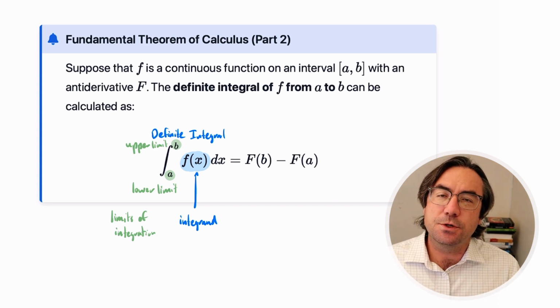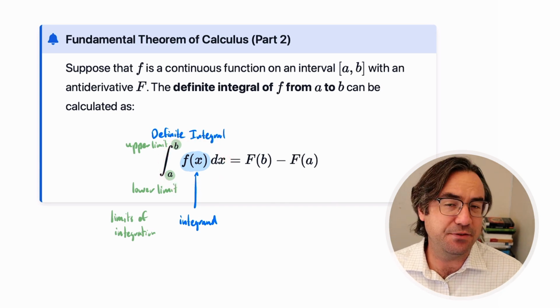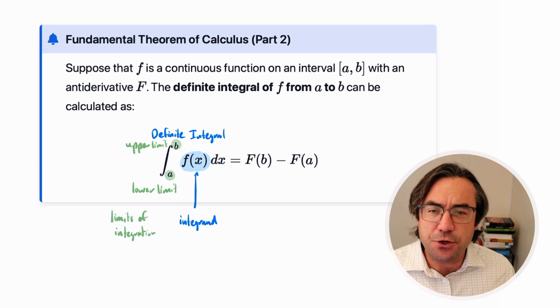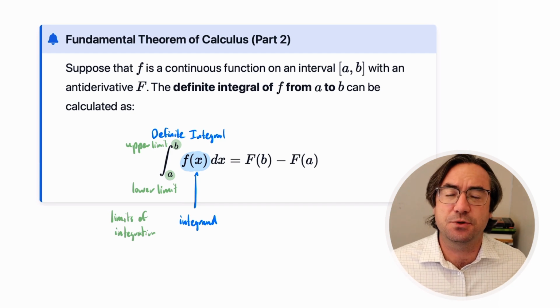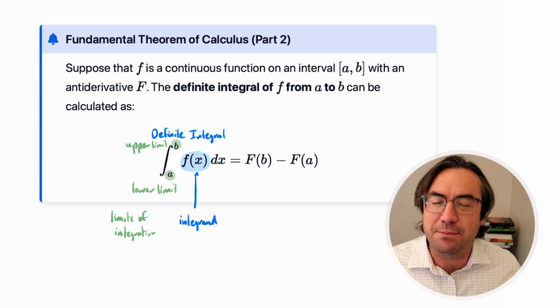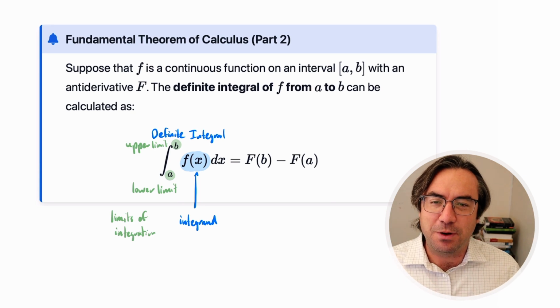Like I said, we're just going to get a little practice calculating these gadgets that we call definite integrals. Then we'll look at some applications, how they're used, and then we'll look at the precise definition. The precise definition is a little more complicated. It involves limits and sums, and it's got a whole bunch of stuff going on.